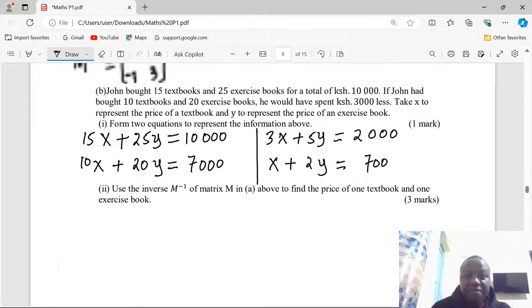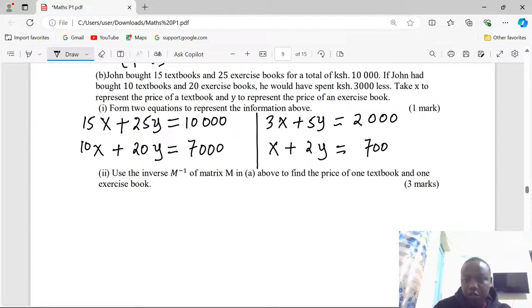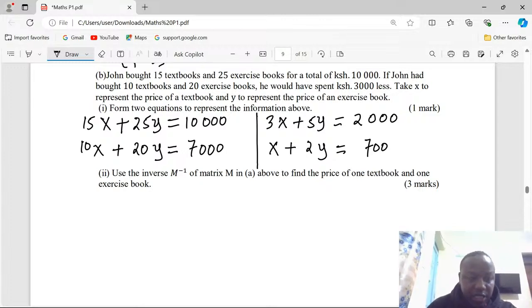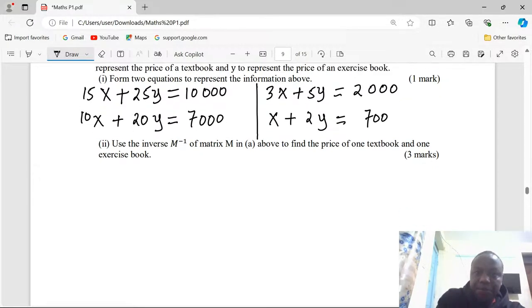All right. We are using the inverse that we obtained so that we may solve this equation. That means we are solving the equation using the matrix method. To use the matrix method, we are supposed to come up with a matrix equation. What you have is a linear equation. So we make it a matrix equation by extracting the coefficients matrix 3, 5, 1, 2.